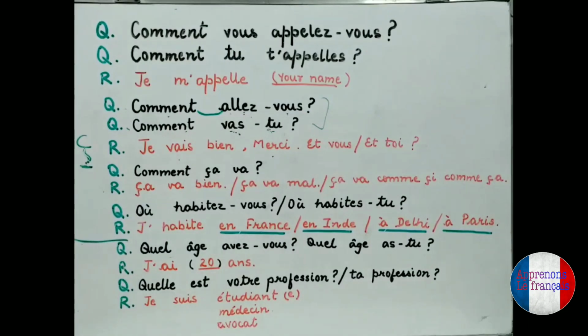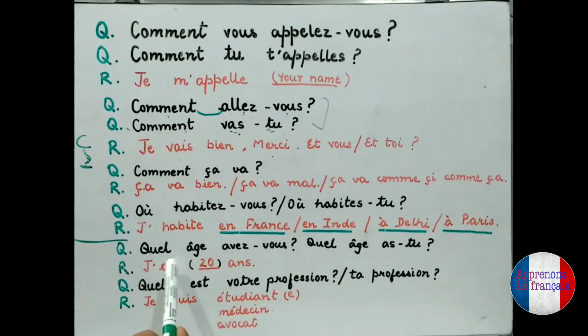In the next question, you can ask the other person's age. So, in French, you will ask, quel âge avez-vous? Or, quel âge as-tu in the informal. This means, what age you have. The réponse would be, j'ai, then the age in numbers, ans.